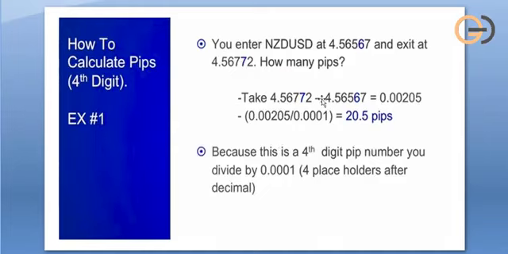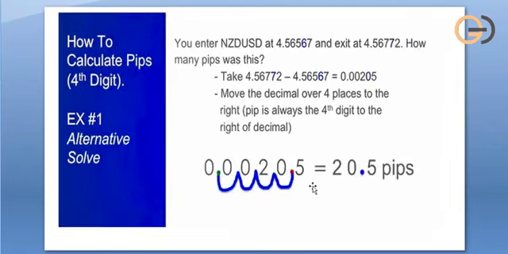Then you take 4 decimal places to get the number of pips that the price has moved. So in a market that has the entry point and the exit point, you subtract, then you move your decimal places 4 places, and then you have the number of pips that the market has moved.